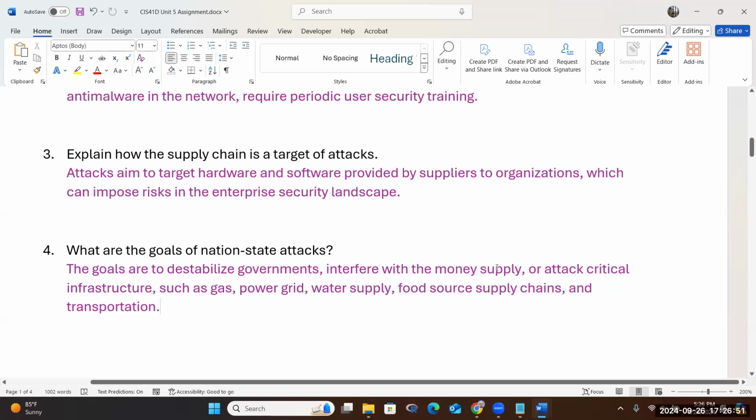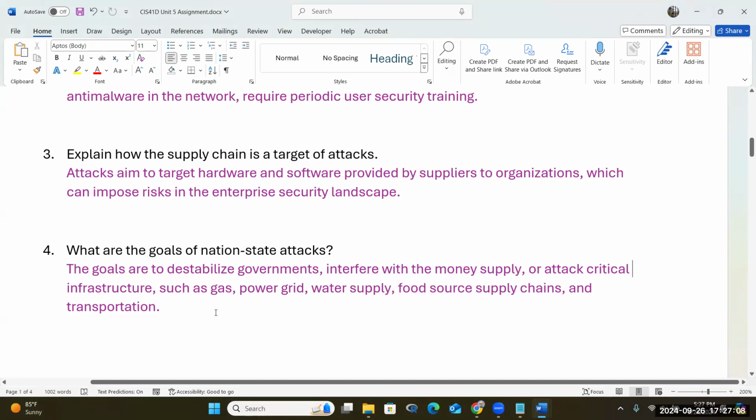So that means that we would look at banking and supply funding. And also we look at how critical infrastructure is impacted, like natural gas, right?